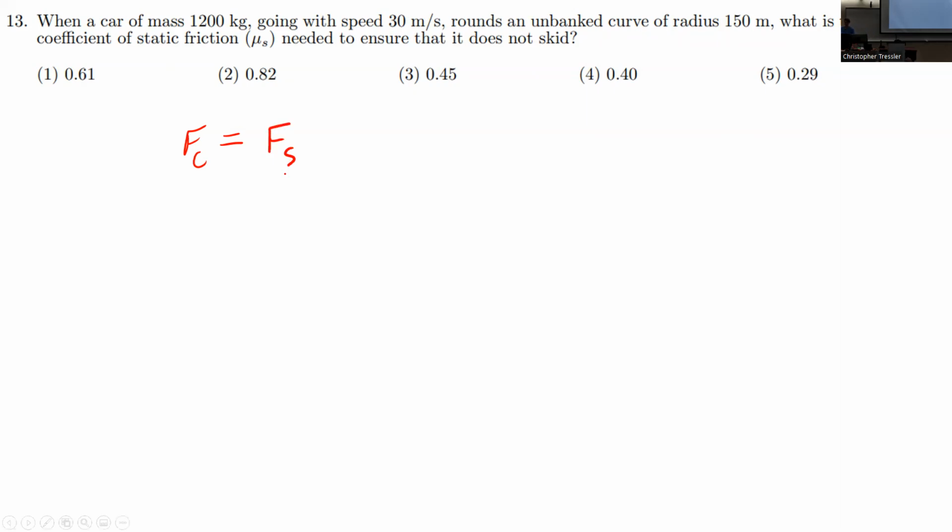right? Now, what we're going to do here, we're going to see that we have 30 meters per second. Now, here's the thing, right? If we expand these, first we're going to do this. I'm going to say mass times AC is equal to the coefficient, why did I say kinetic friction?